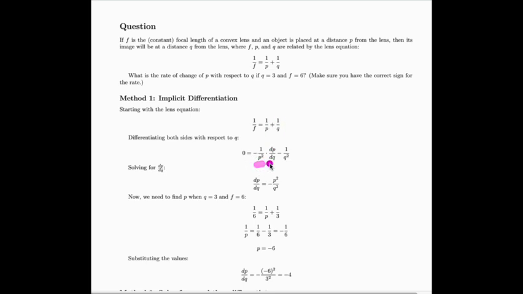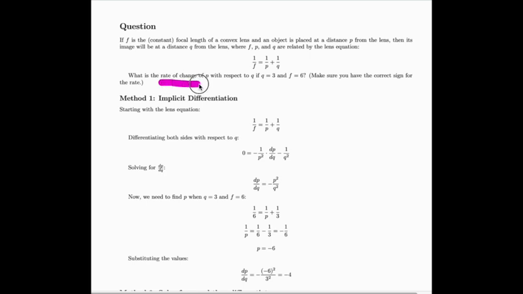Using the chain rule, we would then have to multiply by dp/dq, and then subtract 1 over q squared, which is the derivative of 1 over q. Now we solve for dp/dq because that's what we're looking for.